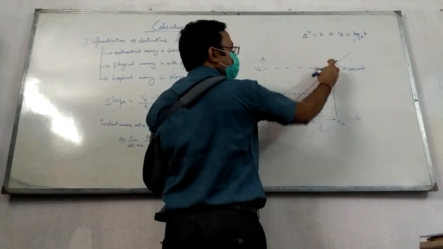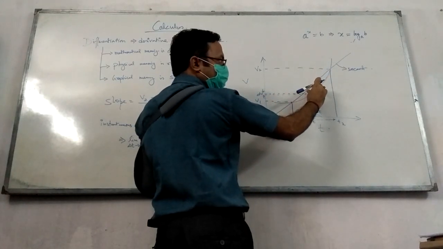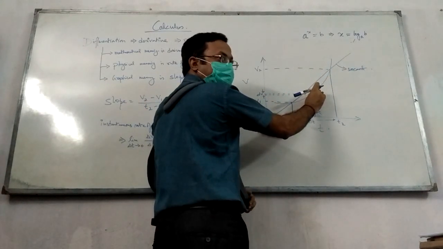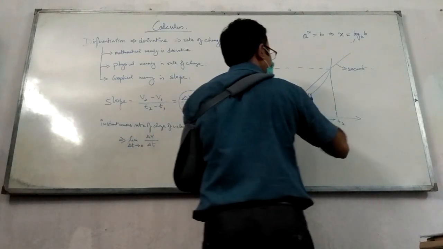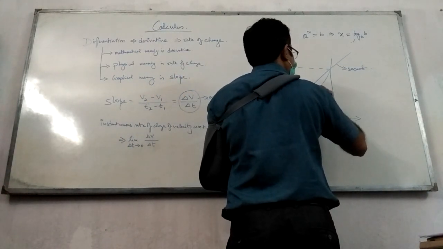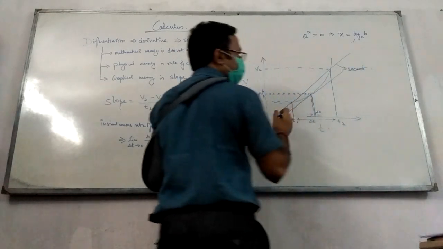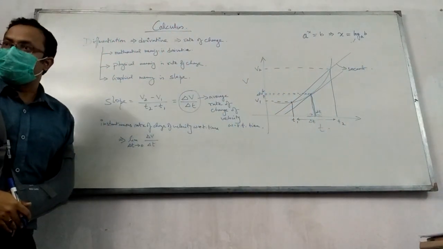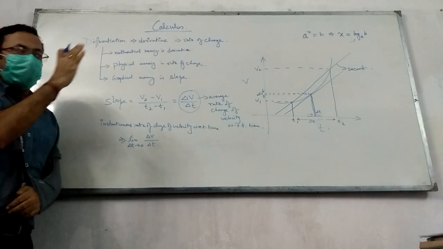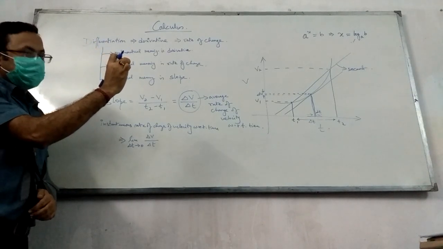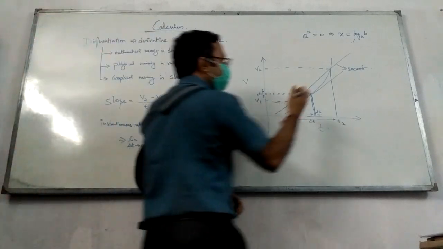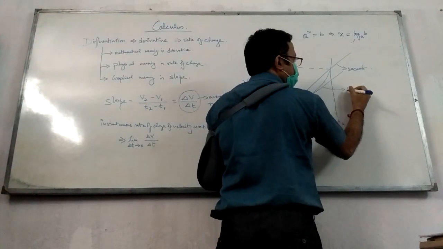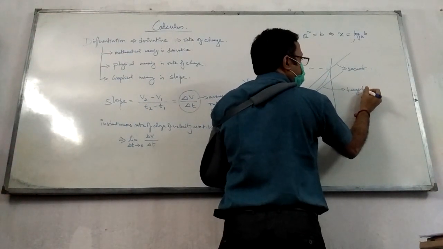You bring the 2 points closer until they meet at one point, and then the secant becomes a tangent.